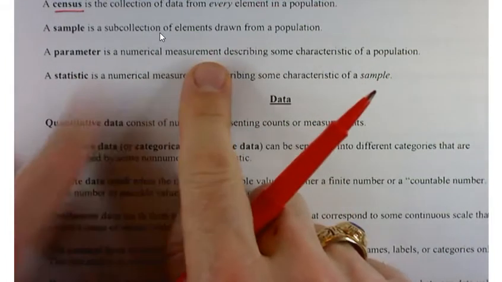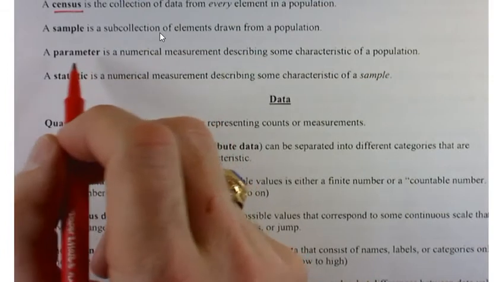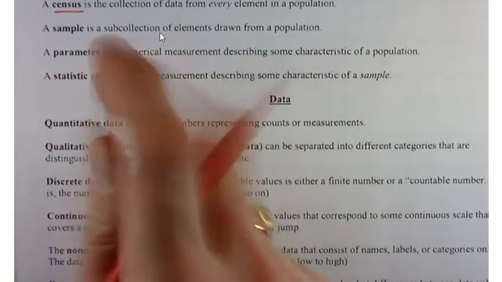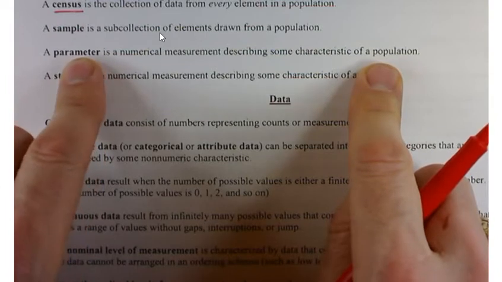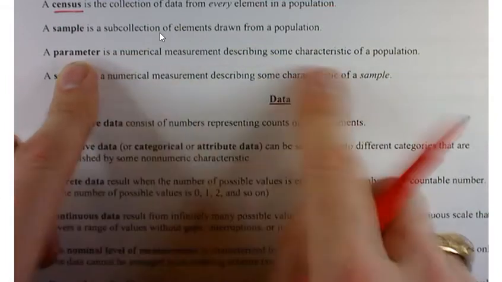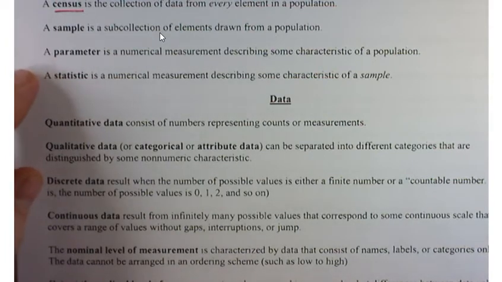This is a numerical measurement, or a number that describes some attribute of your population. The important thing to know about parameters is that this is sometimes kind of a theoretical value. You could calculate it if you had everybody, but it's this number that describes your entire population. You'd have to have information from everybody in order to come up with a population parameter.